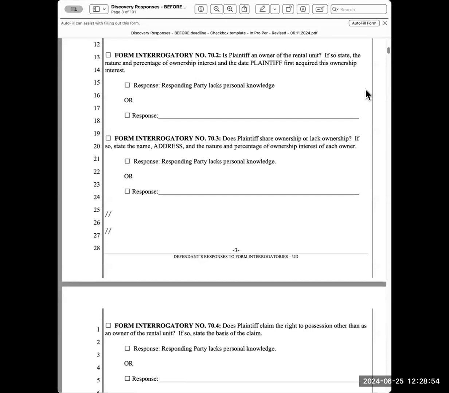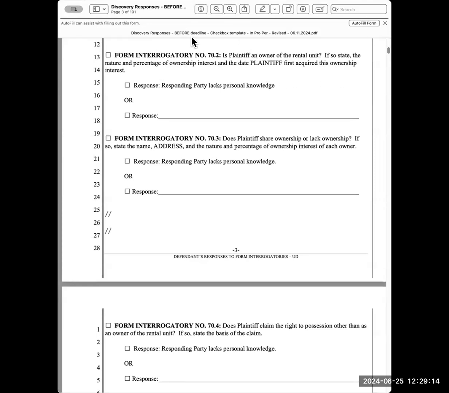It's not information that the tenant typically would know, although that may be different in your circumstance. If, for example, you saw the deed that has the plaintiff's name on it, you may be able to answer these other parts of the question.